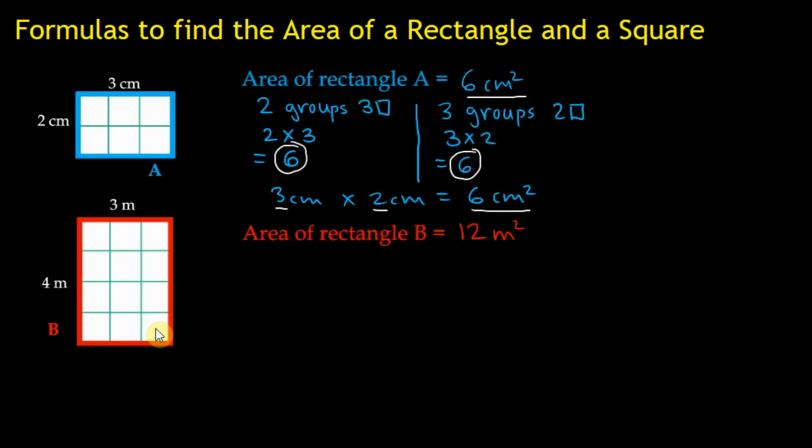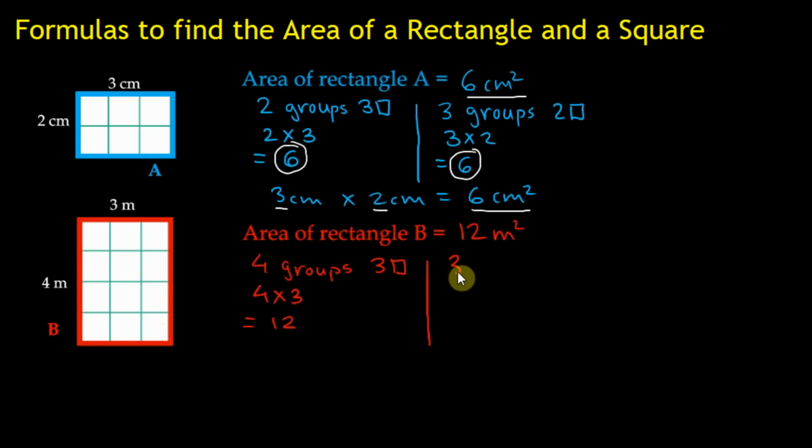That means we can write area of rectangle B as 4 groups of 3 grid squares, which means 4 times 3, which equals 12. Or we can say there are 3 columns of 4 grid squares of 1 square meter. Here is the first column, this is the second column, and this is the third column.